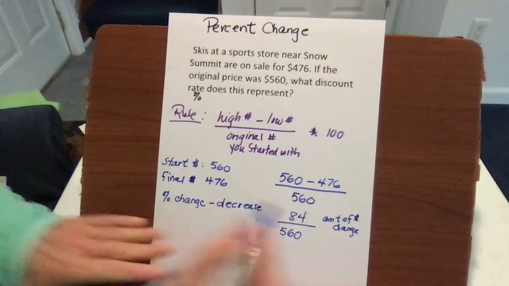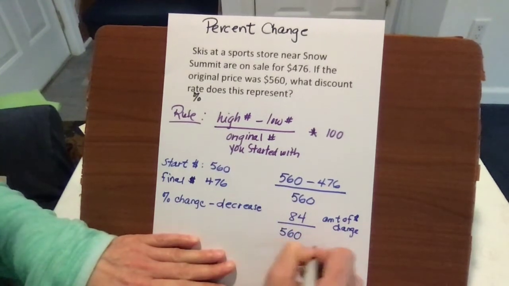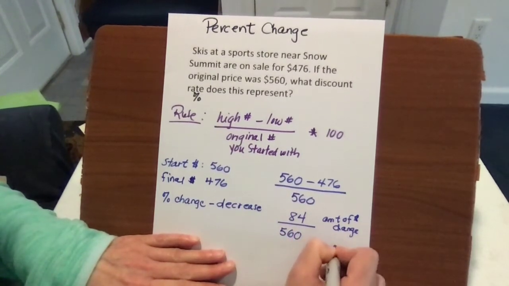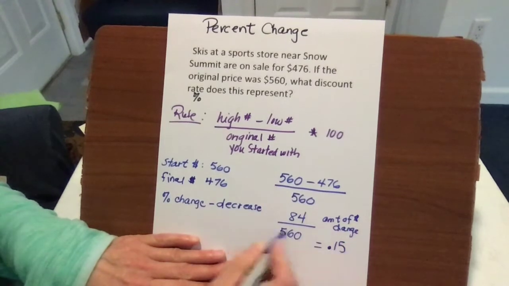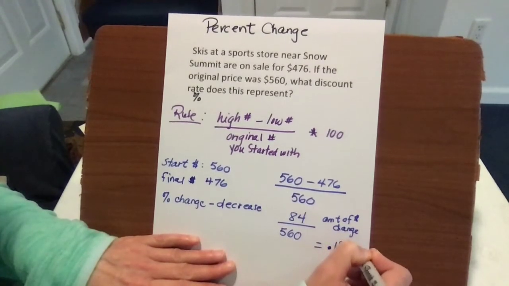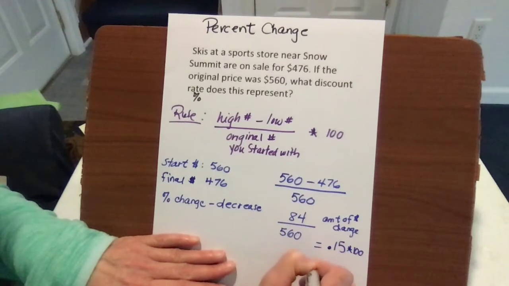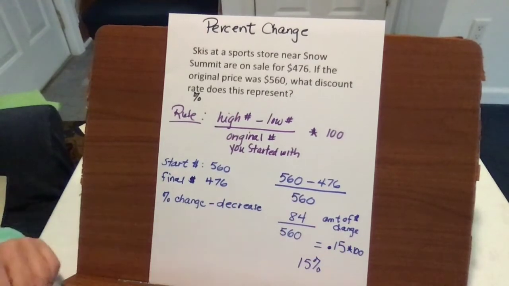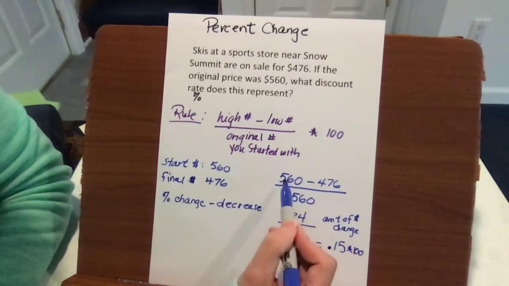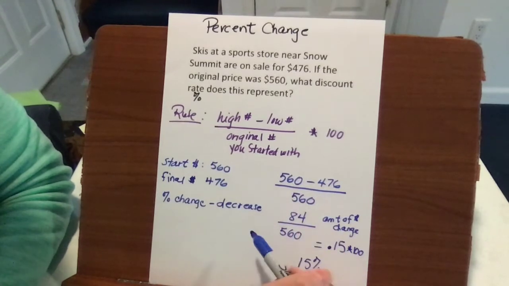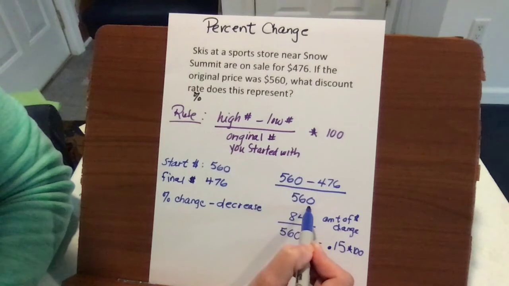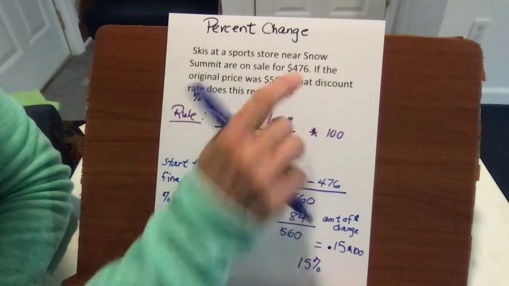We're going to take that and divide it by 560, which is the amount we started with. Okay, and we're going to get 0.15. So then we're going to times that by 100, and we're going to get 15%. So 84, the amount of change, is going to be $84. We're going to divide it by what we originally started with before we changed to the sale price of 476.